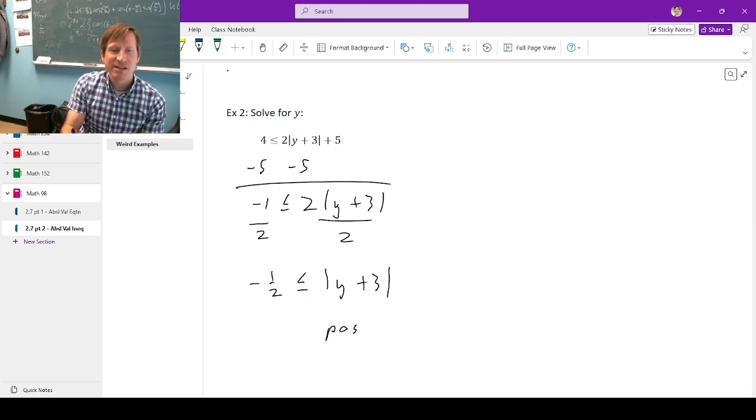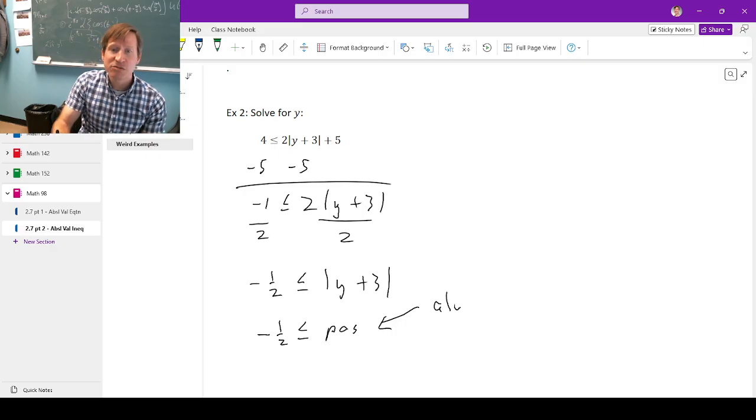And so the inequality says minus 1/2 is less than or equal to something positive. Well, it doesn't matter what the positive thing is, it will always be greater than or equal to minus 1/2, because negative 1/2 is negative, and the stuff coming out of the absolute value is definitely positive because it's coming out of an absolute value. And so this will always happen.